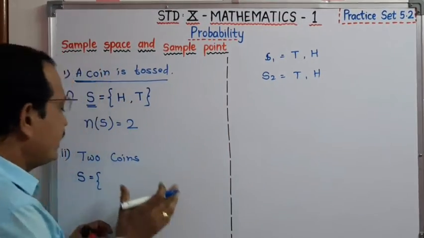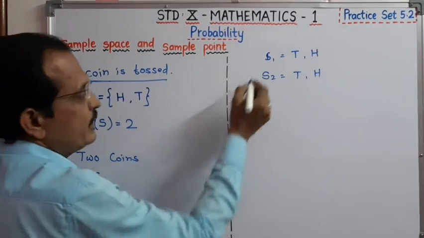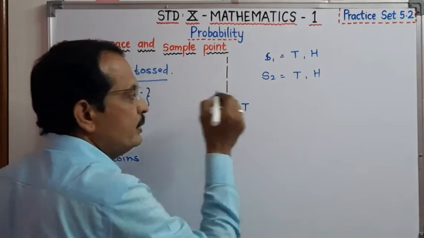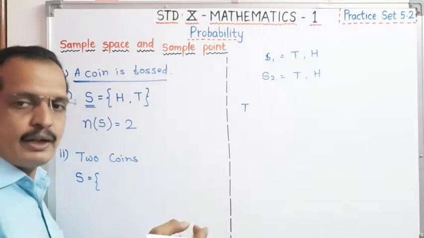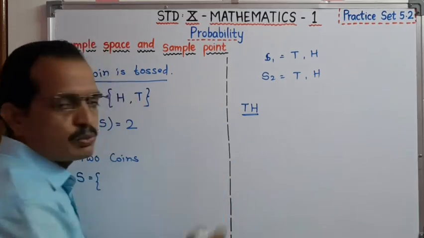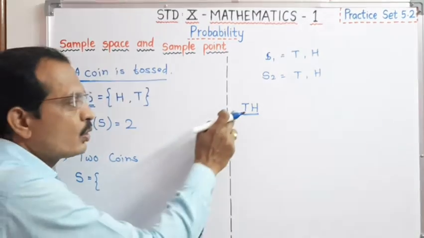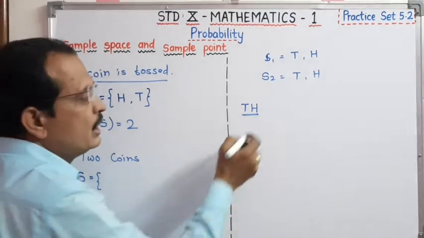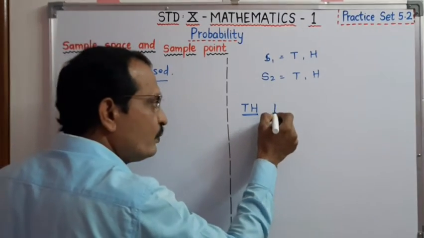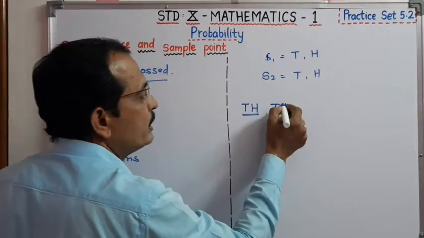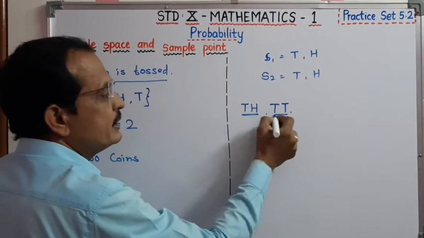Now we have to write them together. If on the first coin there is a T and on the second coin there is an H, then TH is the first possibility. The second possibility is, on the first coin there is a T and on the second coin there is a T, that is TT.